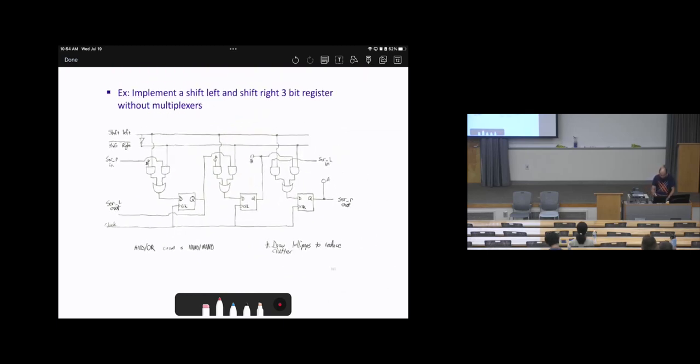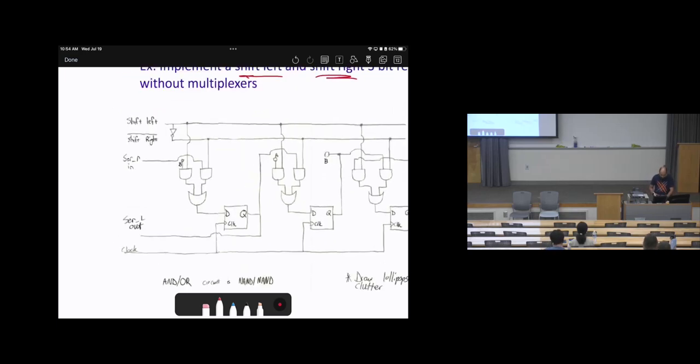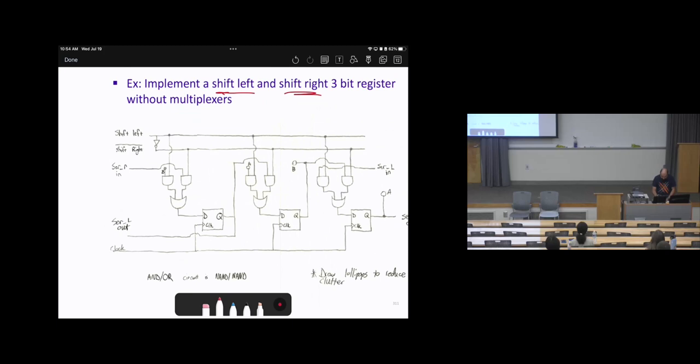This is a design that can shift left or shift right, depending on what you are enabling. So there is an input called shift left. If shift left equals 0, then shift right will be 1, and we will move from right to left.